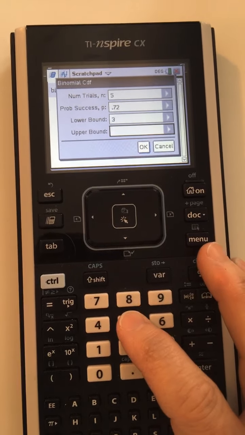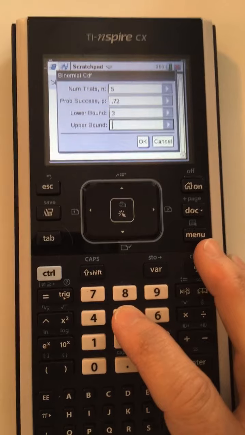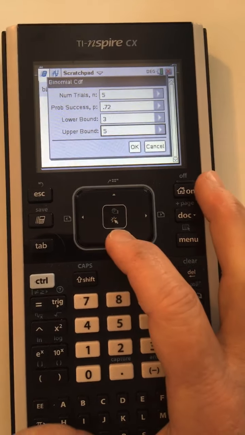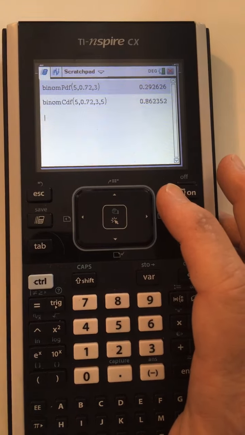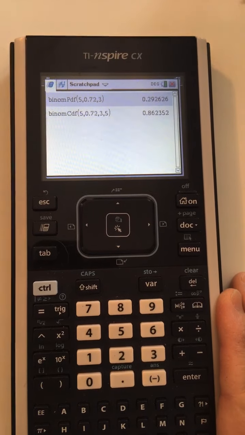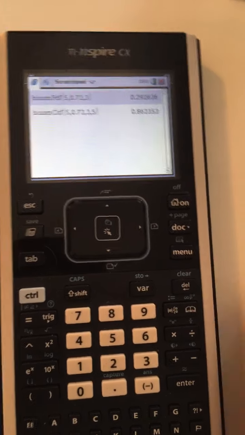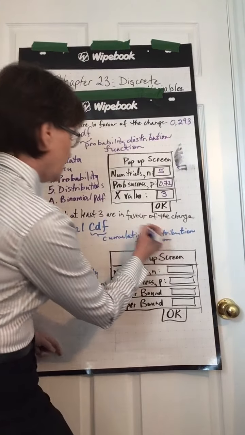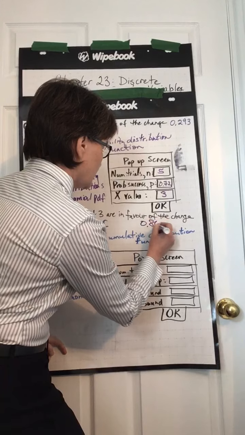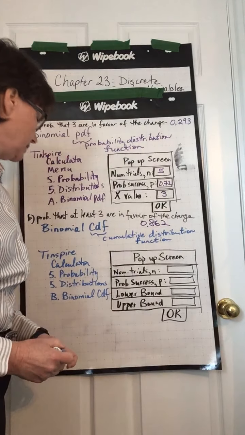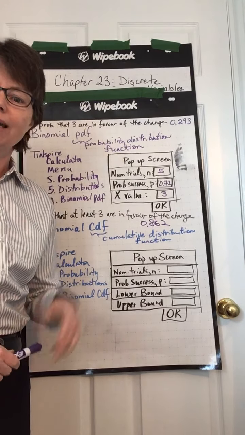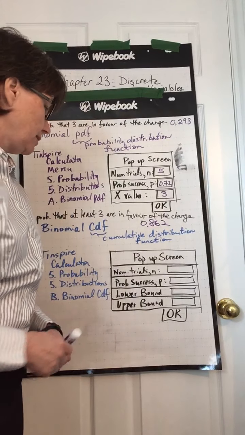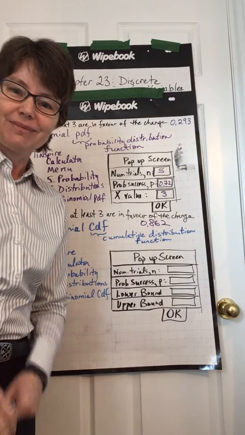And the highest we're looking for, the highest it goes is 5 because our sample was 5. And then OK. And 0.862 would be our answer there. 0.862. So our answer down here, 0.862 is the probability that at least 3, so that would be adding together those for 3, 4, and 5. There we have it.